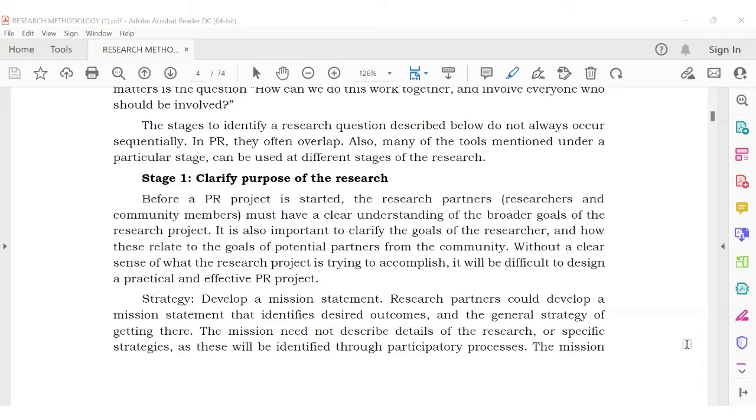What else? Because when we talk about public health, research is not minuscule. It has a lot of other components. What I mean to say, and why I'm discussing this, is to clarify the purpose of research. Clarity has to be there.